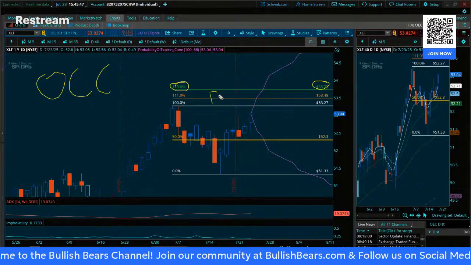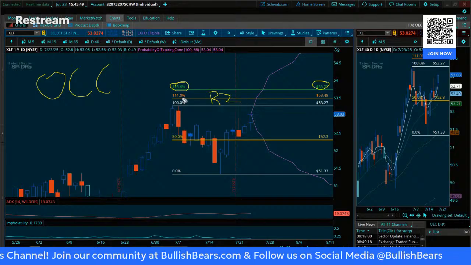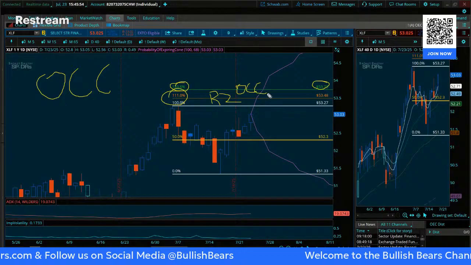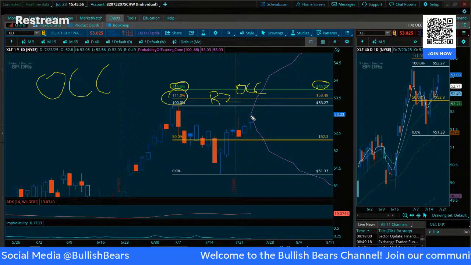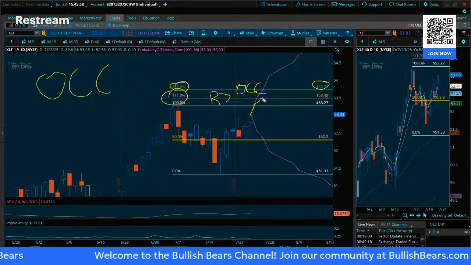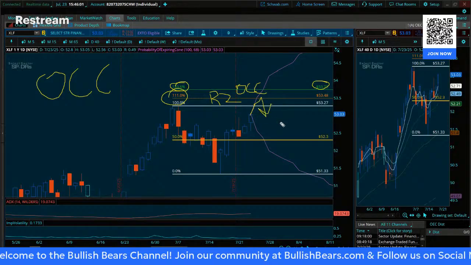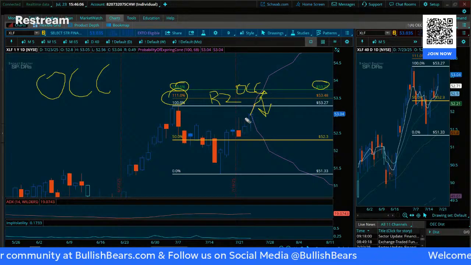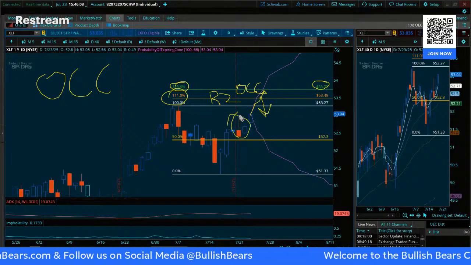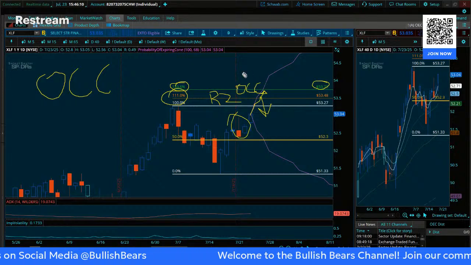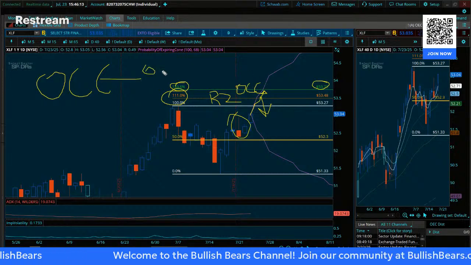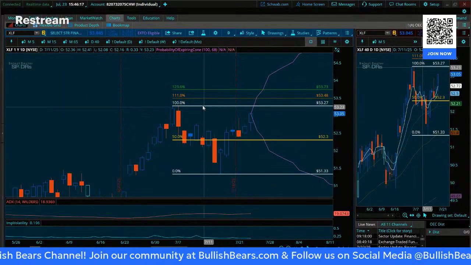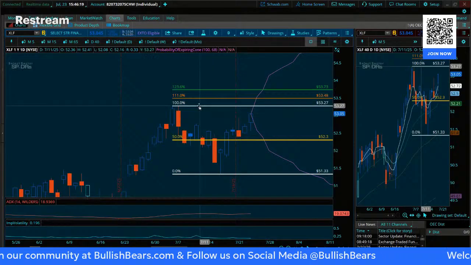The reversal zone, RZ, is at 111, and the OCC is at the 1236. So we break above, and if we're going to fail, we'll do it at 111. If we don't fail, we'll get to the 1236, and then we'll get an opposite candle color or a doji. That is the complete sentence: OCC or doji. I just never say the full sentence because you get tired of saying it after a million times.